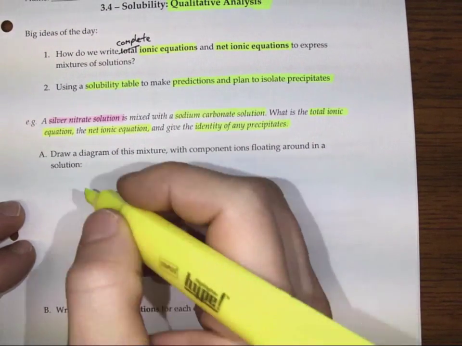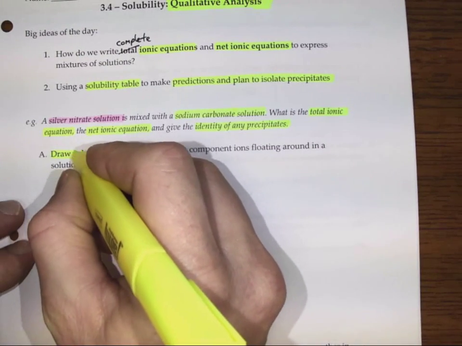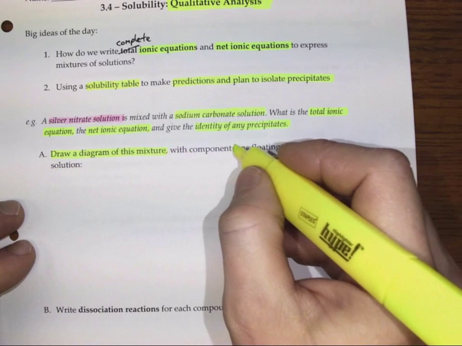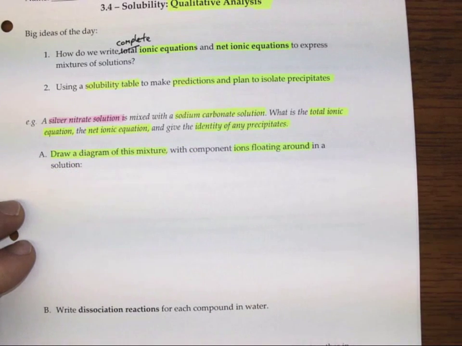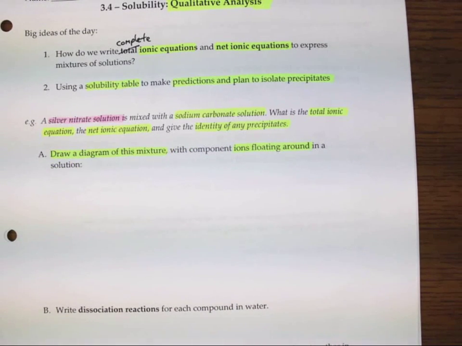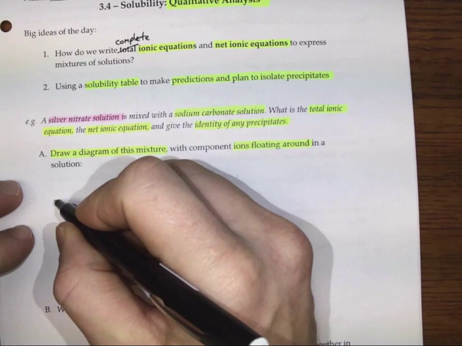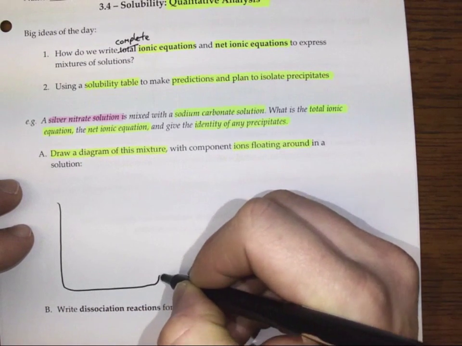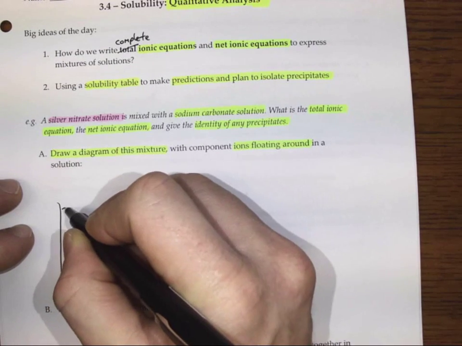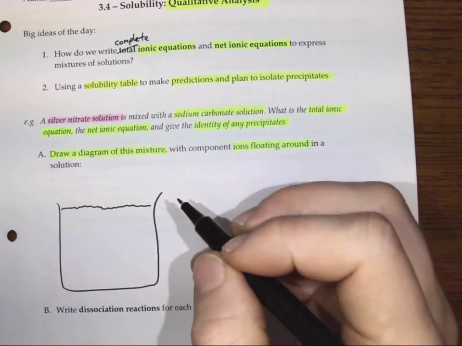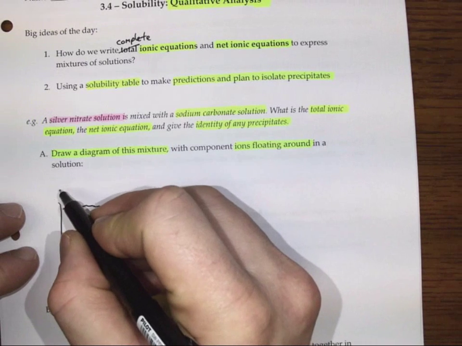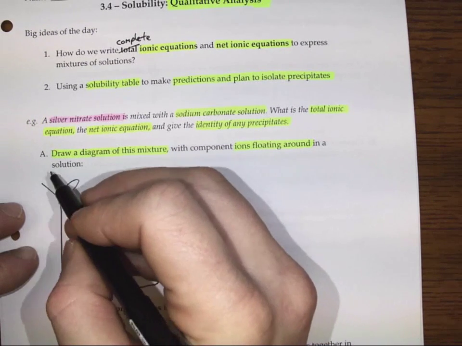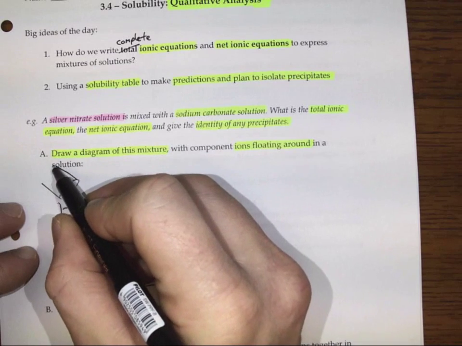Part one is we're going to draw a diagram of this mixture with ions floating around in the solution. So we might draw a receptacle, a beaker of some sort, and that's going to have some water in it. And I might indicate that it was made from two other smaller solutions.